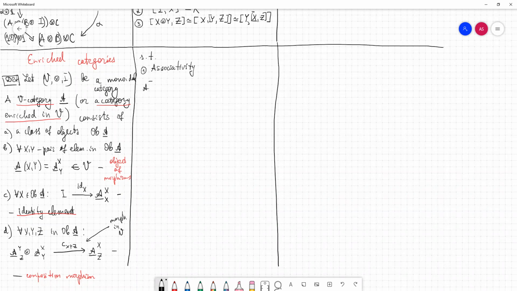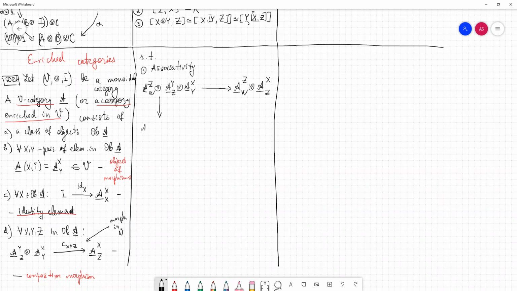So A from Z to W, tensor A from Y to Z, tensor A from X to Y, going to A from Z to W tensor A from X to Z. We are composing the last two.